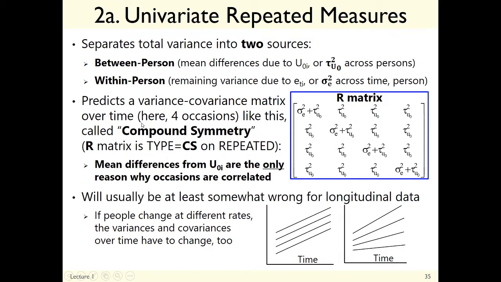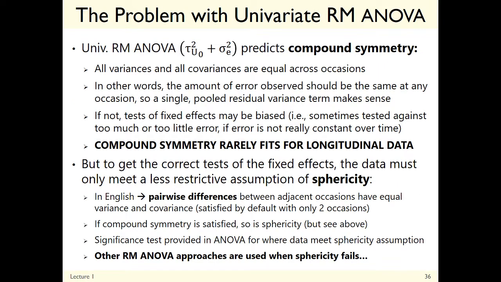So for data that have more than 2 occasions, it's an empirical question whether this specification of compound symmetry, equal variance, equal covariance, is sufficient. The classical ANOVA least squares approaches talk about this as a violation of sphericity, which actually is a little less restrictive than compound symmetry. It means equal variance and covariance of the differences between occasions.